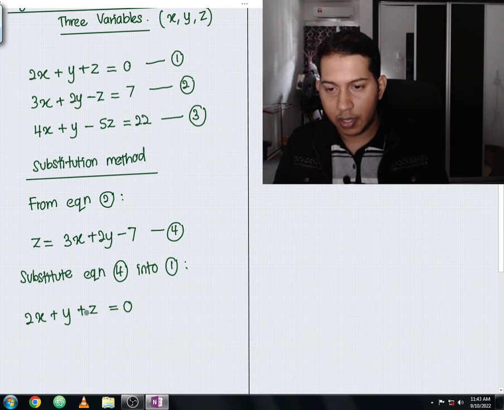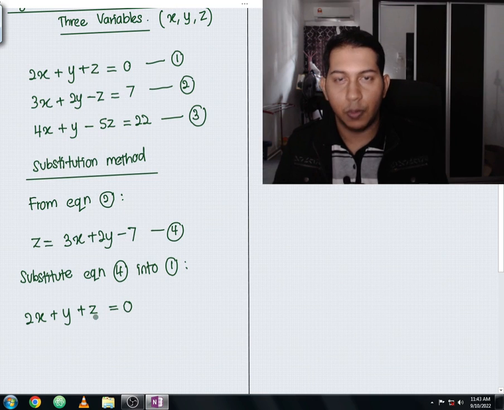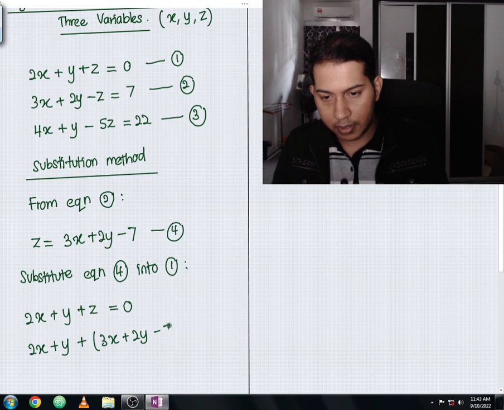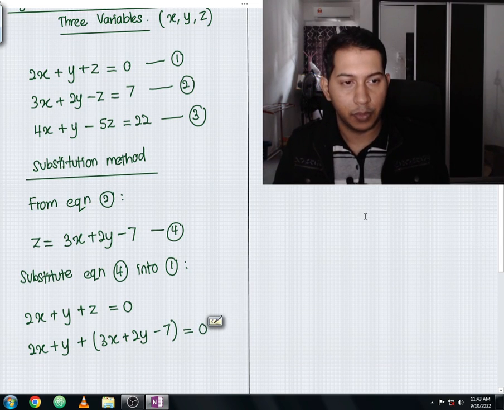Since your z is now equal to 3x plus 2y minus 7, you substitute it over here. So from here, 2x plus y plus, in a bracket, 3x plus 2y minus 7 equals 0.